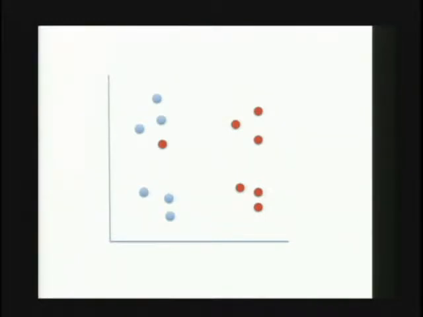So here, I've got red and blue circles, and I'm trying to learn what makes a circle red, or what's the difference between red and blue other than the color, right?